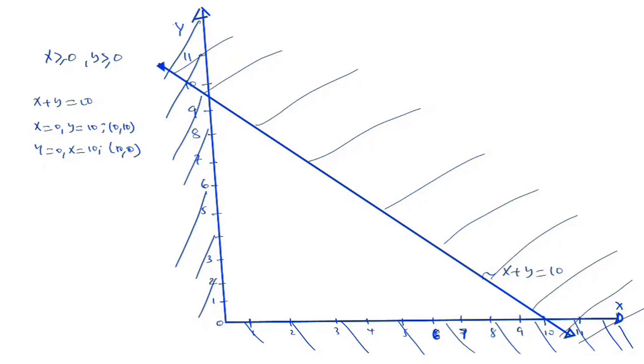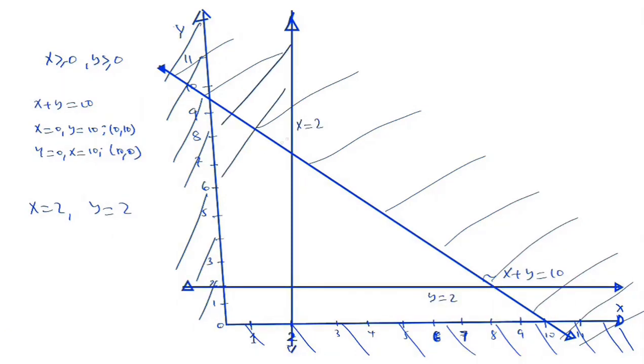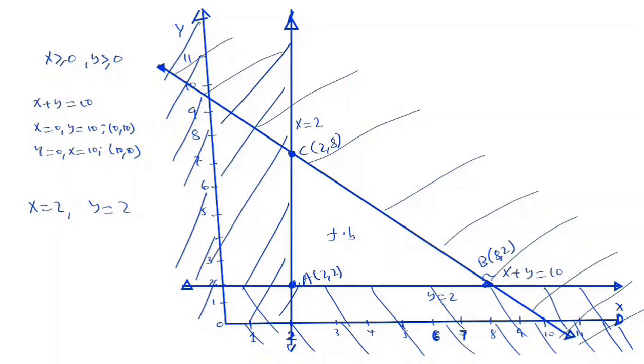Okay, next we draw lines x equals 2 and y equals 2 and shade according to their inequalities. Our final graph is going to be like this.